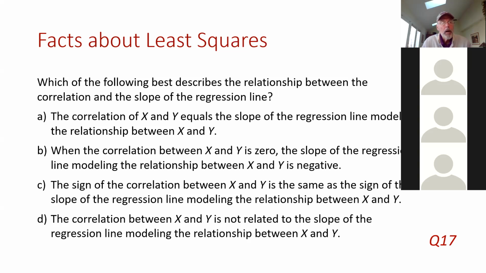So there's some association between the correlation and the slope of the regression line. What do they share? C. Which one? C? Mm-hmm. Okay.